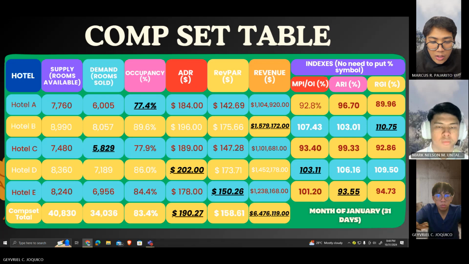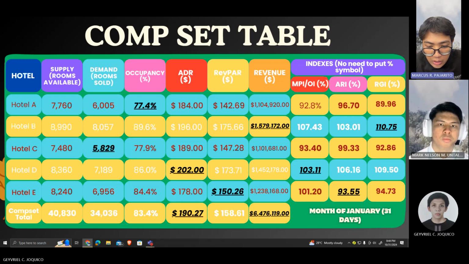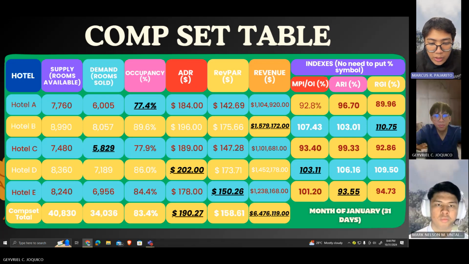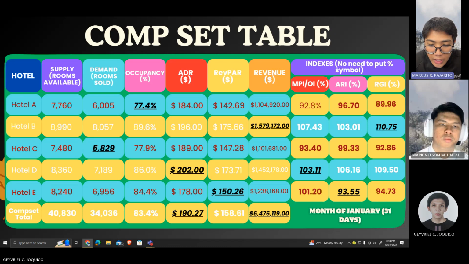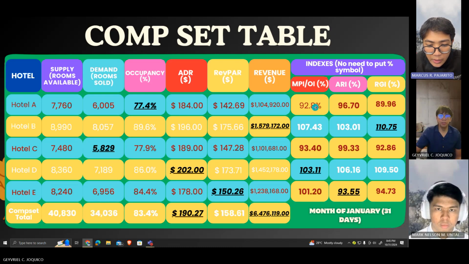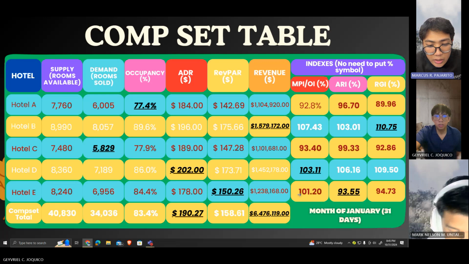Now let's move on to the Average Rate Index or ARI from Hotel A to E. To get the ARI, this is determined by the formula ARI equals ADR divided by ADR total times 100.